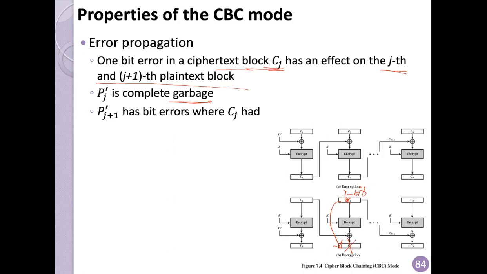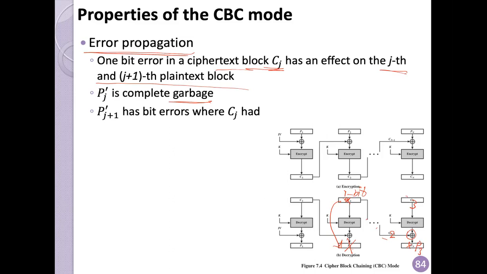And of course, you use this C2 and XOR it. Let's say this is C2 and here is C3. You XOR it with the decrypted version of your C3. 1 bit here is error, so 1 bit here in P3 is going to be wrong. And that's it. So in terms of error propagation, it doesn't have such a disaster.